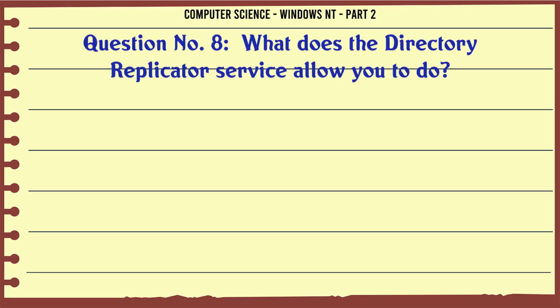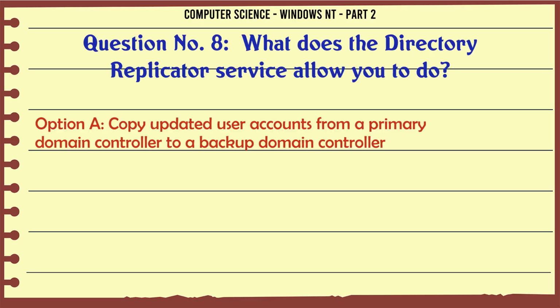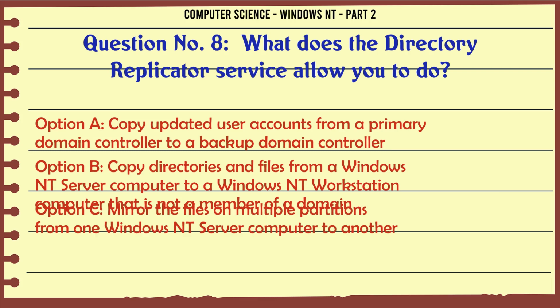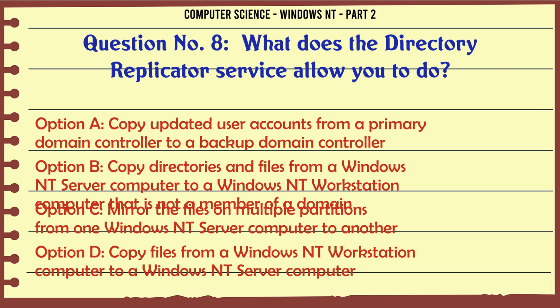What does the directory replicator service allow you to do? A. Copy updated user accounts from a primary domain controller to a backup domain controller. B. Copy directories and files from a Windows NT server computer to a Windows NT Workstation computer that is not a member of a domain.